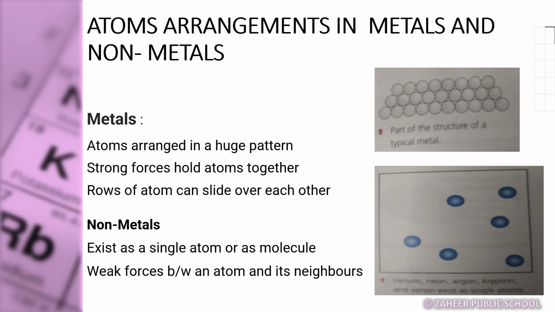You can also see in the picture that there are low forces between the atoms, except for carbon, because carbon is different to other non-metals. Its atoms are joined together in a huge structure, and the forces between the carbon atoms are very strong.